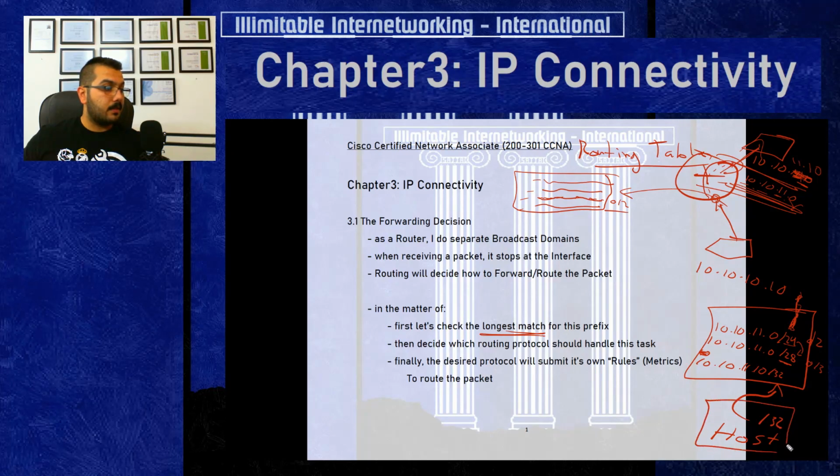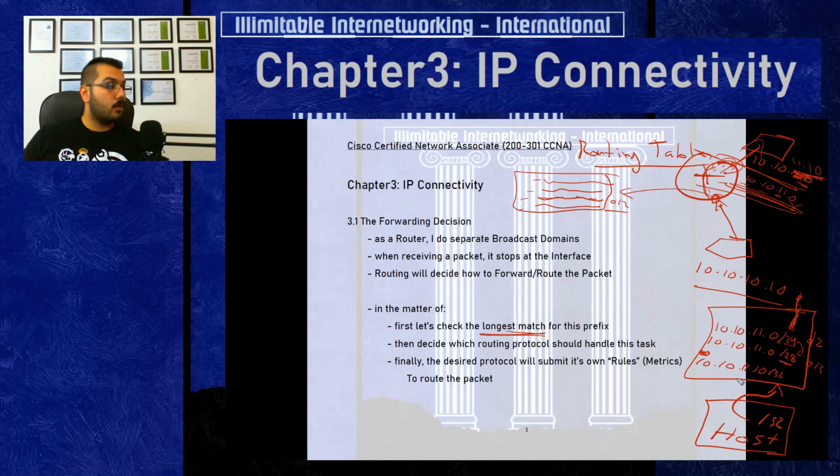The IP address of the end device, or of any networking device itself, has a subnet mask of 32. So my router just received a packet from the source 10.10.10.10 wanting to reach the destination 10.10.11.10.